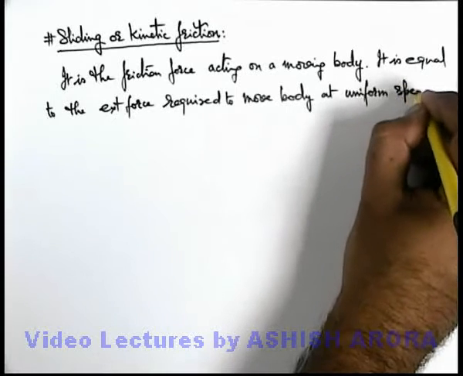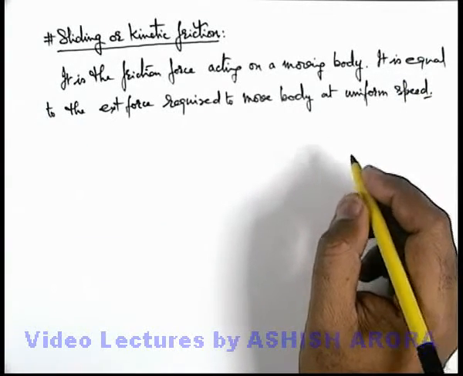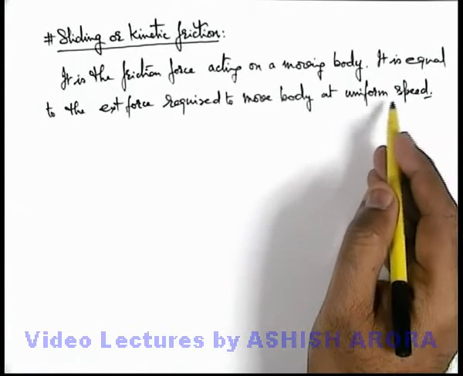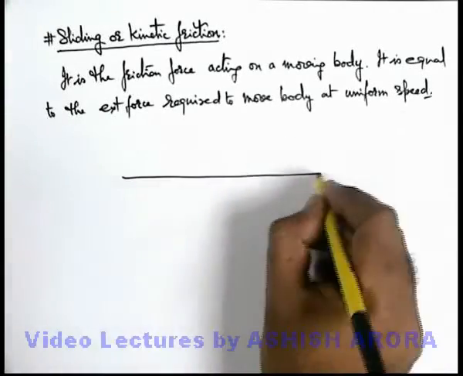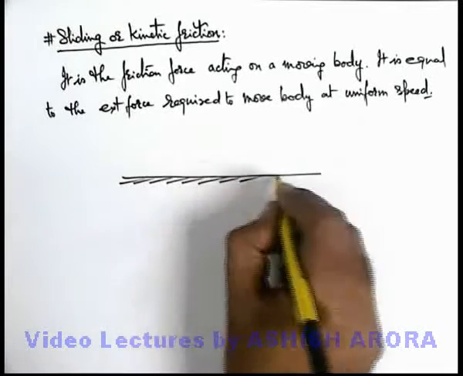You know that when unbalanced forces act on a body, the net force will be F1 minus F2 if these are in opposite directions, and due to the force, the speed of the body either increases or decreases. Here we can understand the concept which I have written over here with the help of a situation.